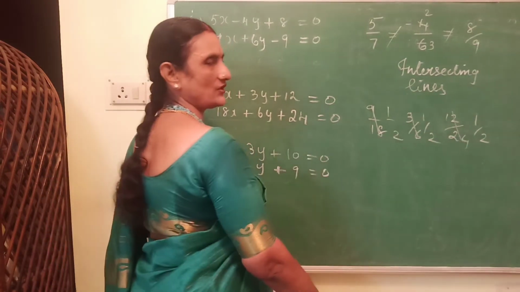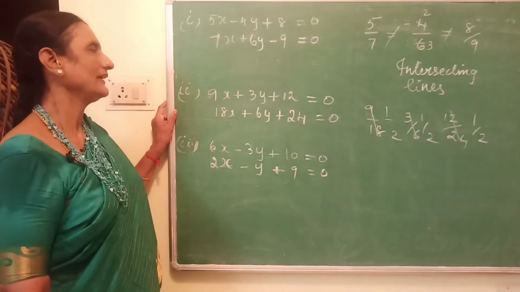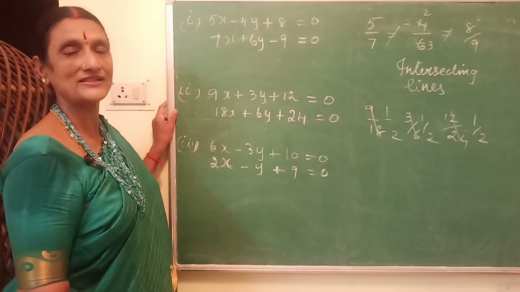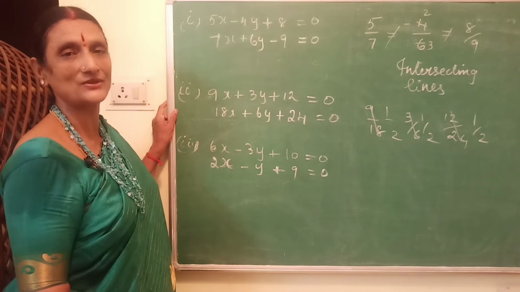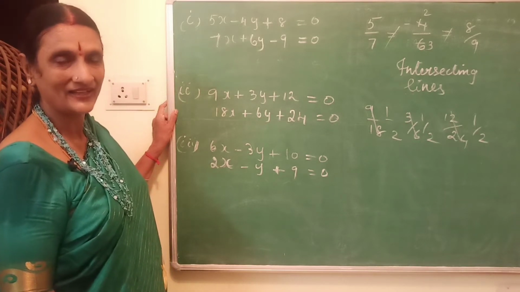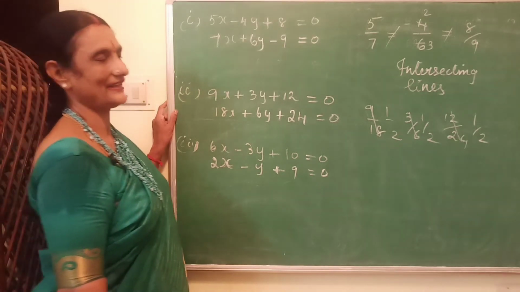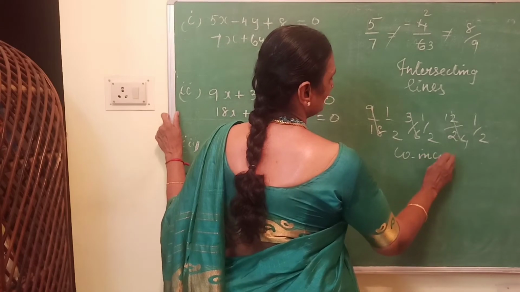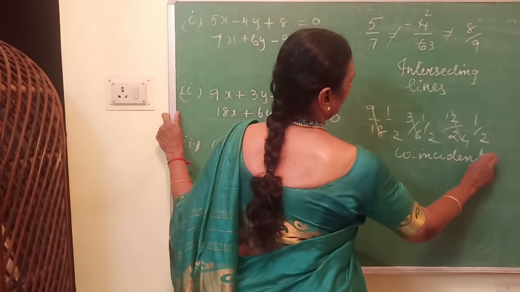All the three ratios are equal to half. Therefore, we get a1 by a2 is equal to b1 by b2 is equal to c1 by c2. That means what lines will we get? We will get coincident lines. So we can write coincident lines.